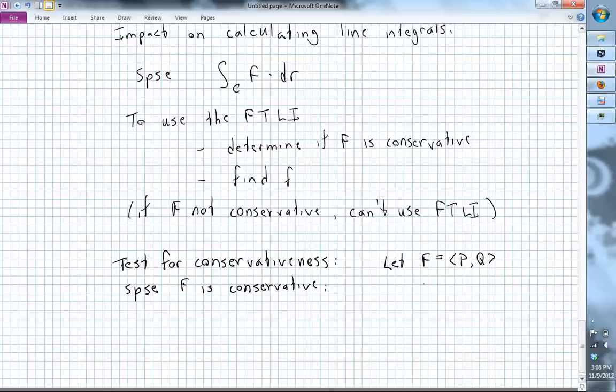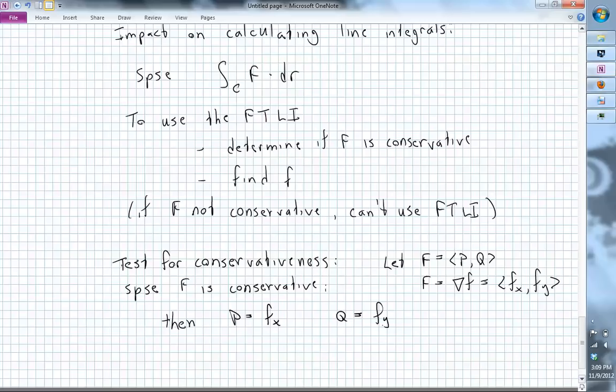Then F is equal to the gradient of f, which is really f sub x, f sub y. So we have F equaling 2 different expressions. We have F is equal to PQ, and we have F is equal to this vector f sub x, f sub y. Then from this, it follows that P is secretly f sub x, and Q is secretly f sub y.